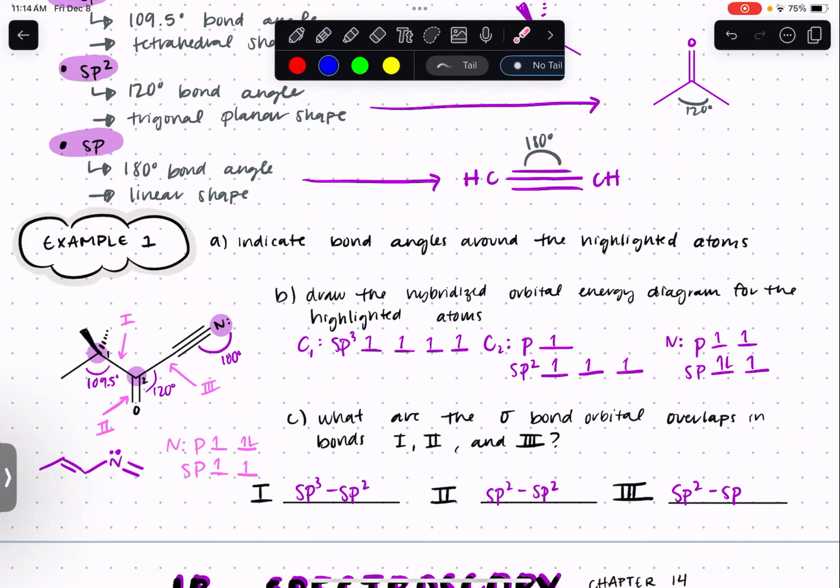So that's the difference there. If you see a p orbital that has two electrons in it, that means that that lone pair is participating in resonance. And that's the only time really where you'll see a p orbital with two electrons in it. Oh, okay.